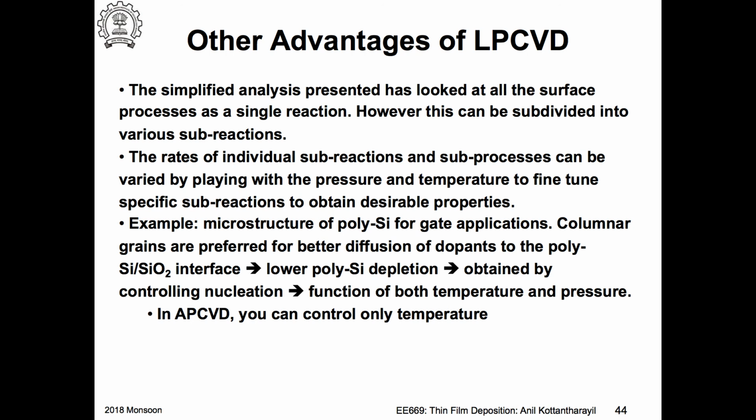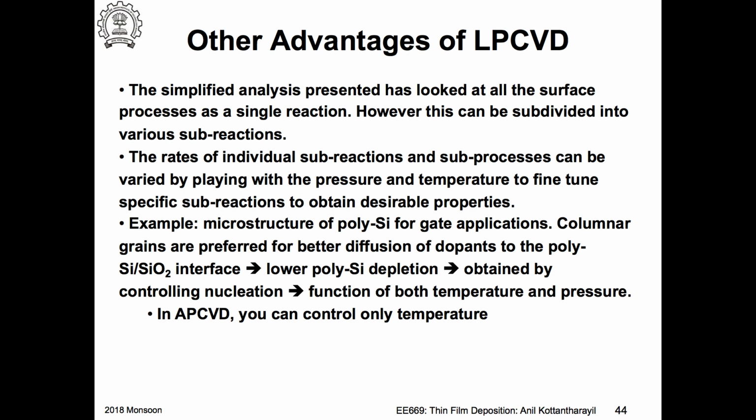So, you can fine tune specific sub-reactions to obtain desirable properties. Of course, you need to develop an understanding of how different things like the decomposition of the reactants, surface absorption, desorption and so on could be changing with pressure and temperature. So, you have basically two knobs, but it also becomes slightly more complex to tune the process and get the desired results. Okay, we'll stop with this.